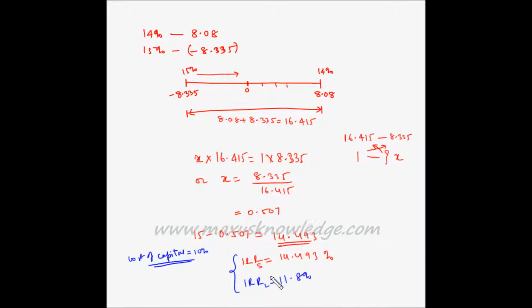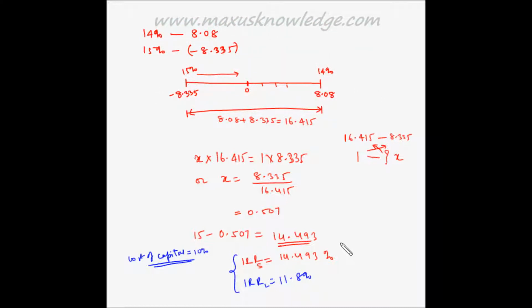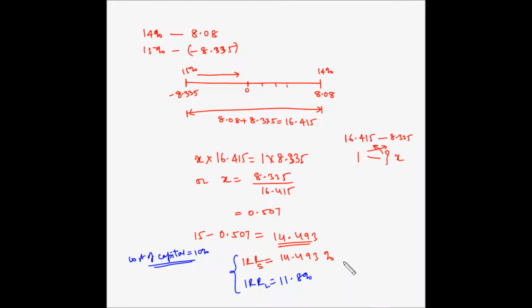And both the projects are going to give us more than the cost of capital. Hence, if both projects are independent of each other, then both the projects should be accepted. However, if they are mutually exclusive and only one of them can be accepted, then project S should be chosen as it is giving a higher internal rate of return.